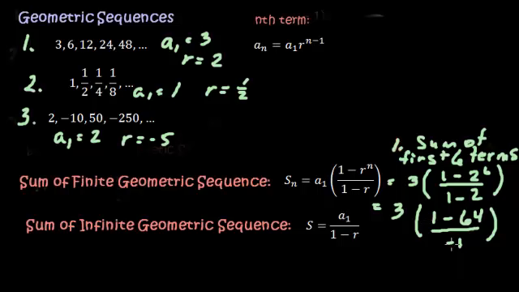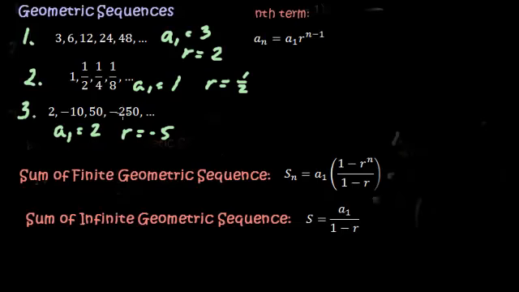And so this would be negative 63 over negative 1, which is positive 63, so it would be 3 times 63, that would be 189. So if you were to add up the first 6 terms of sequence number 1, that means 3 plus 6 plus 12 plus 24 plus 48 plus 96 that we calculated earlier, you would get 189.